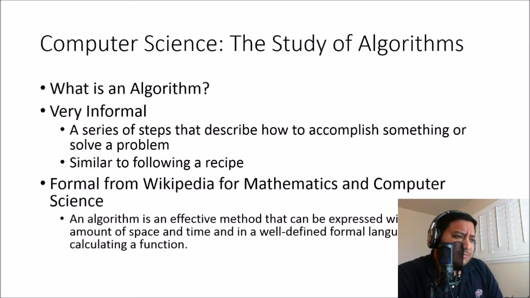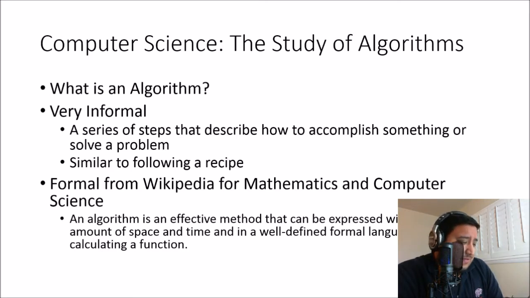So, recall that computer science is the study of algorithms, and informally, an algorithm is just a series of steps that tells you how to accomplish something. And it's similar to following a recipe. But in a formal sense, I got this quote from Wikipedia: an algorithm is an effective method that can be expressed within a finite amount of space and time and in a well-defined formal language for calculating a function.